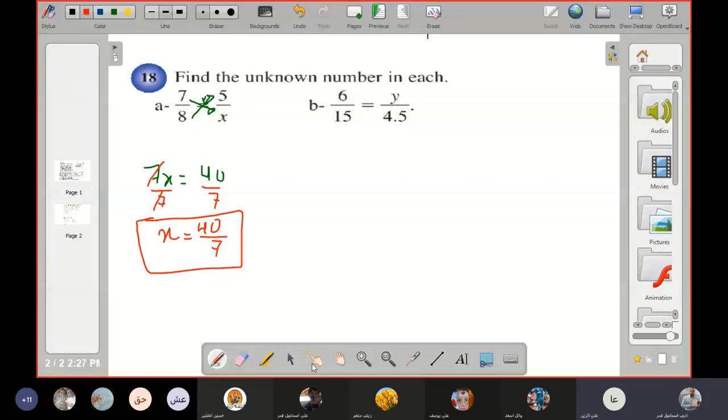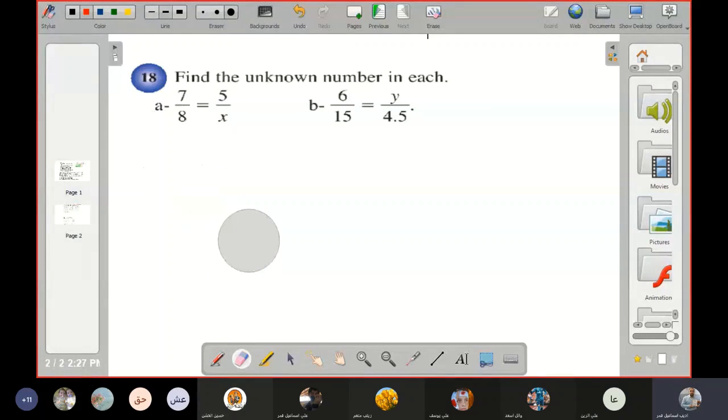So here we have the examples. We have two examples, A and B. Let's start with part A. First, what do you do? Cross multiplication first. We start with the side which has the unknown, which is 7x equal 40.